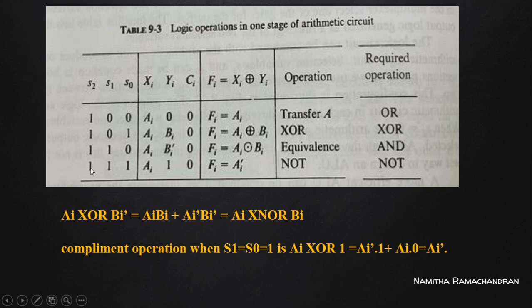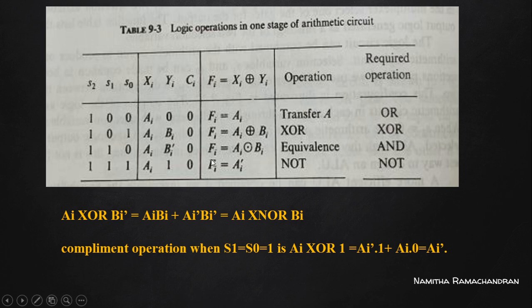Now consider the third case, S2 equal to 1, then automatically Ci becomes 0. With S1 equal to 1 and S0 equal to 0, with Xi equal to Ai and Yi equal to Bi complement.